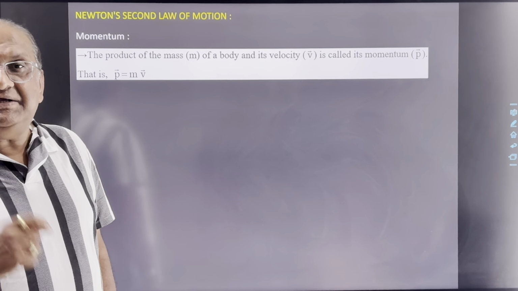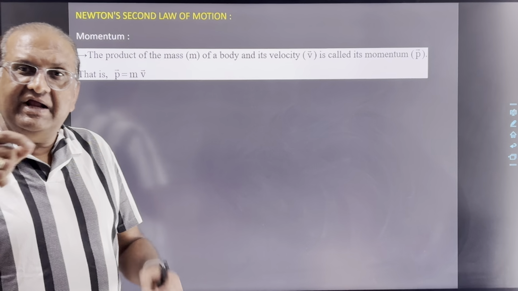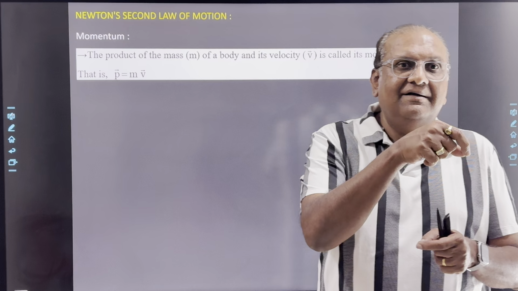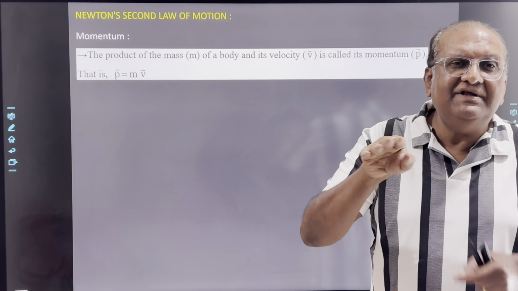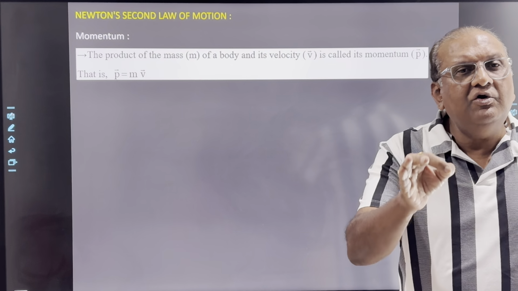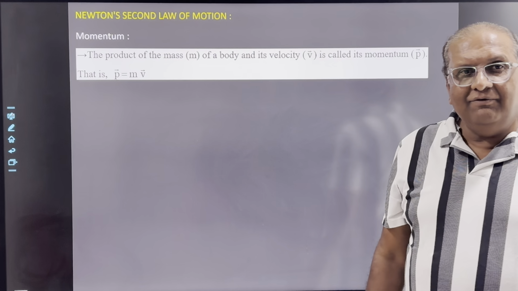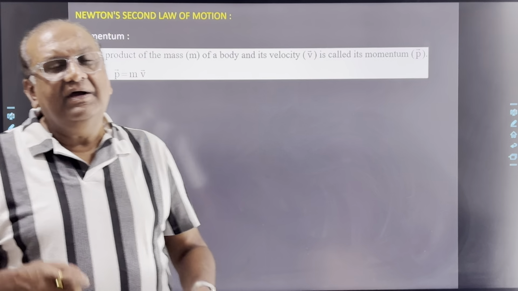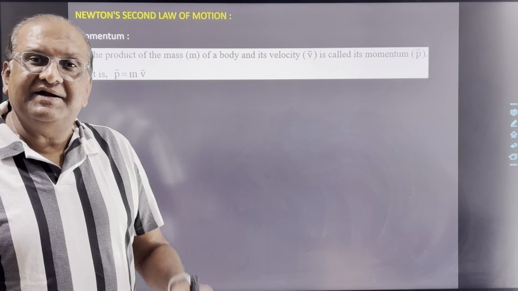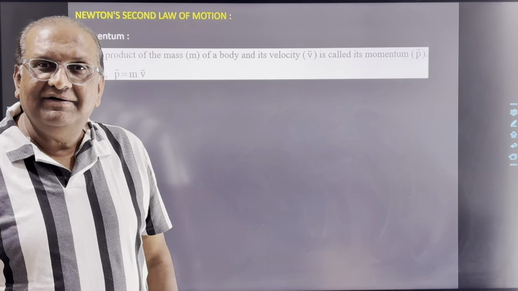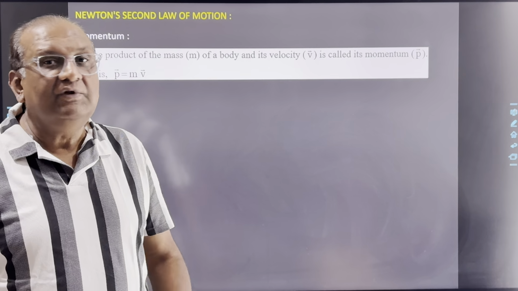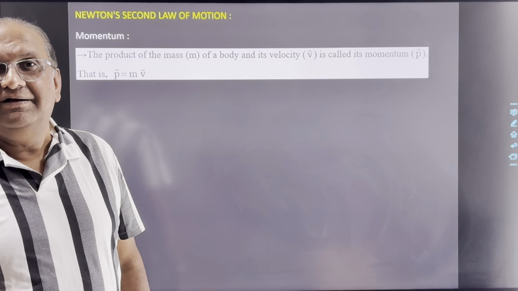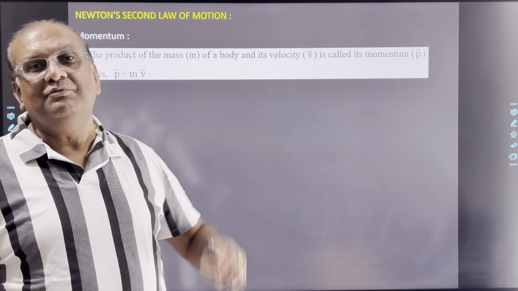Now imagine, suppose your daddy is starting a car and starts moving with speed 5 km per hour. Now apply your maximum force and try to stop it. Is it possible? No, you will be pulled by that particular car in the direction of its motion.